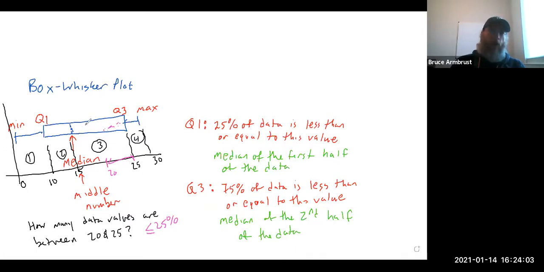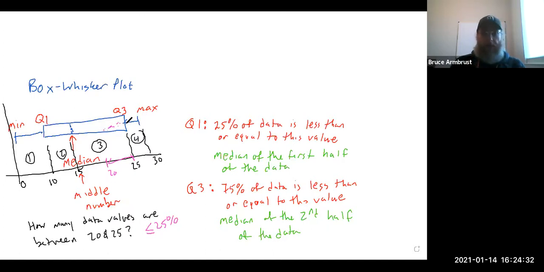We could have almost all of them between 15 and 20, because the third quartile, we're just keeping track of when we hit 75% of the data. We don't know how it's distributed within it. And that's one of the drawbacks of the box and whisker plot, is it doesn't specifically tell you where the data lies. It just tells you where fourths of the data are.